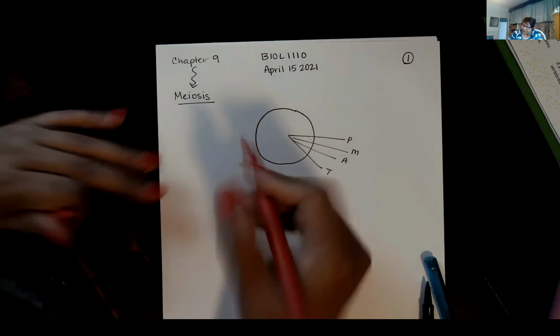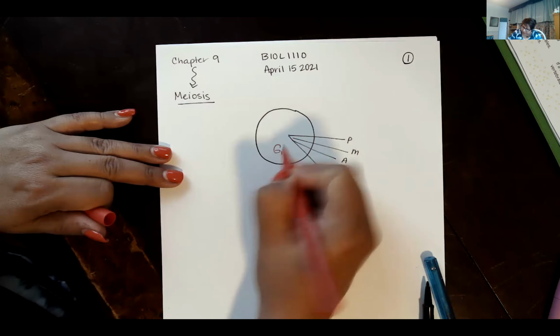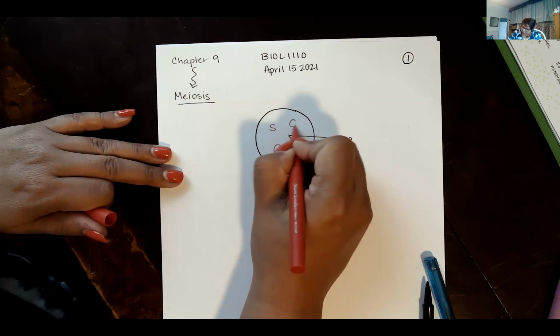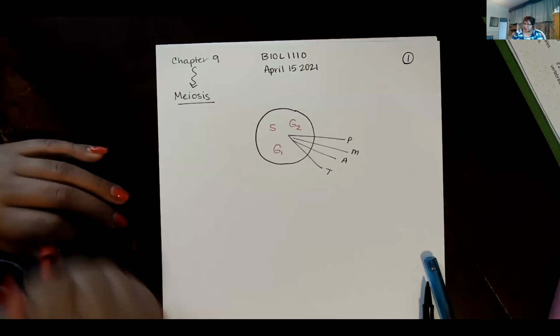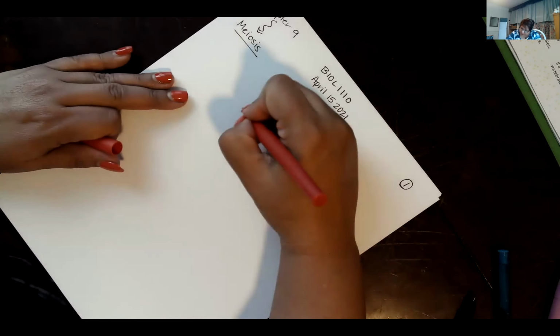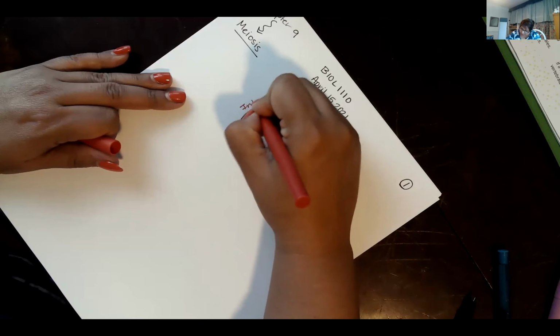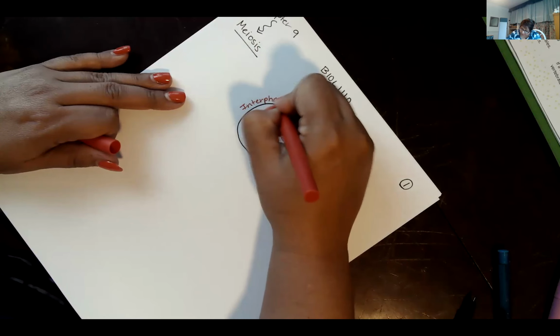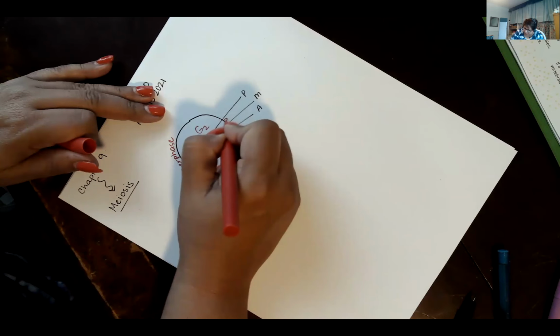Here we have G1, S, and G2. This is all interphase. And then, of course, this right here is mitosis.